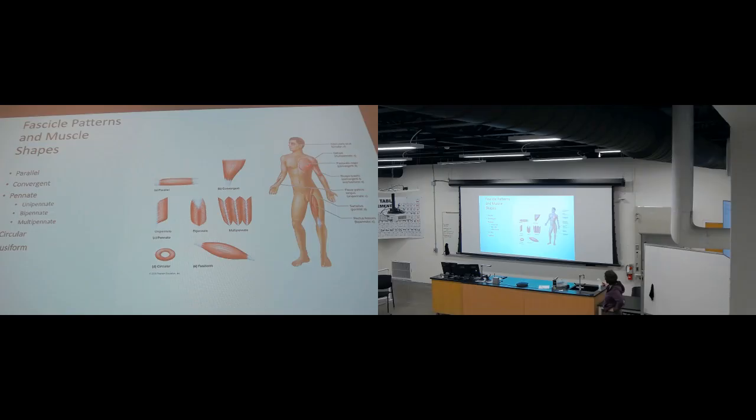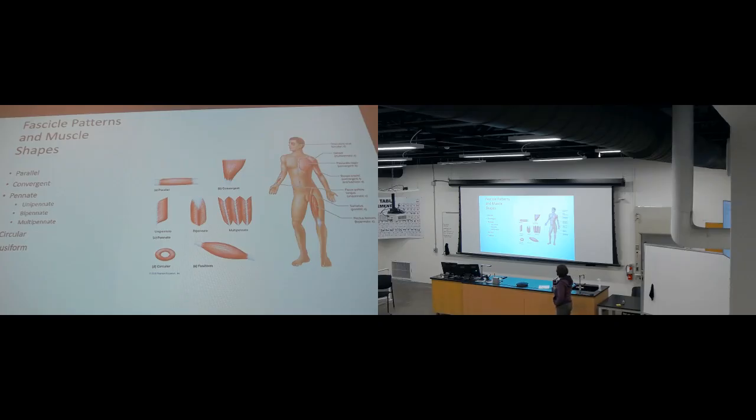So this muscle is fusiform, but also it is convergent. And now circular. We have it around our eyes. We have one muscle that helps us to do this. This is the orbicularis oculi. And then the muscle that helps you to ask for a kiss, that's the orbicularis oris.